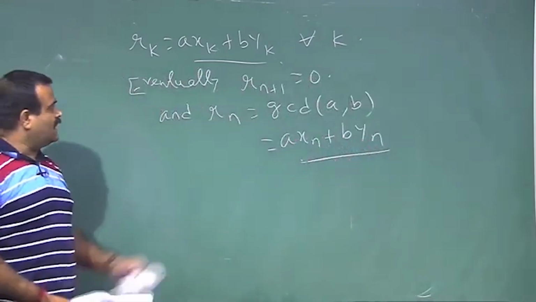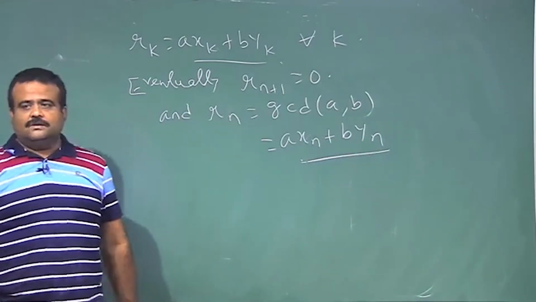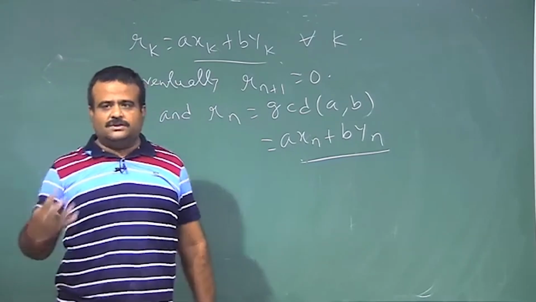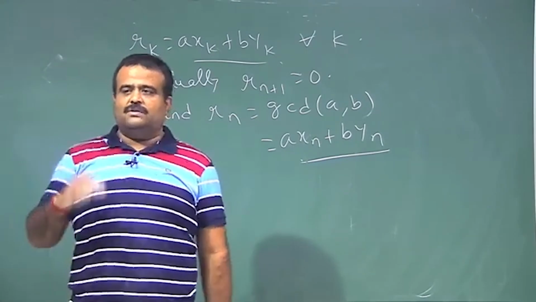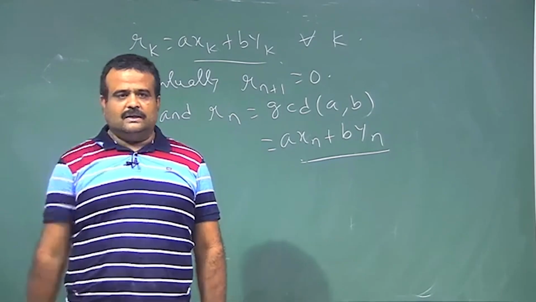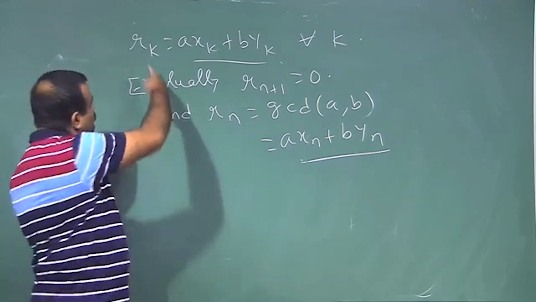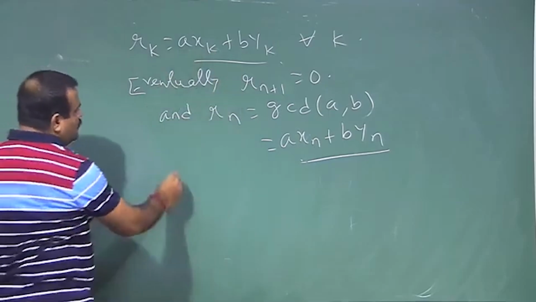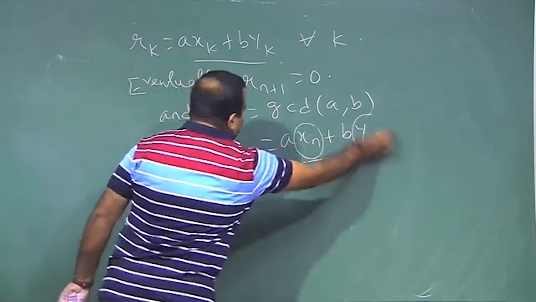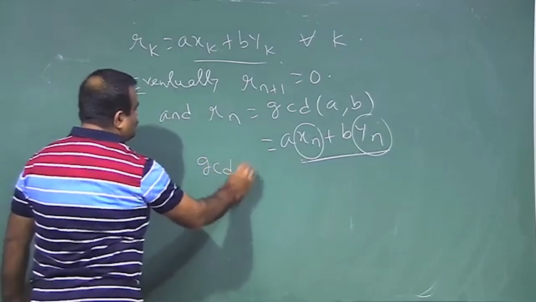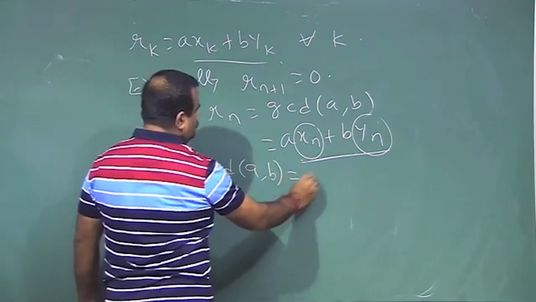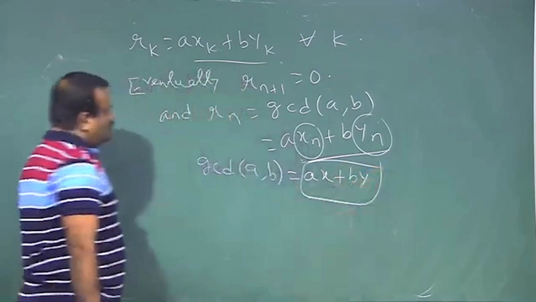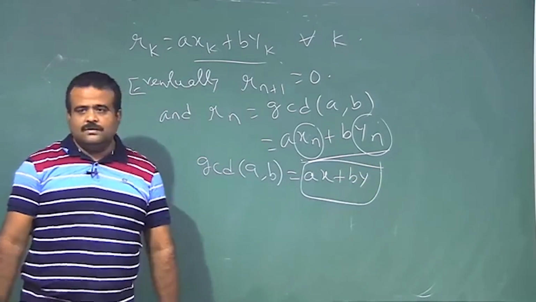These r i's come from running the Euclid algorithm. It will stop when the remainder is 0, and then the previous remainder gives us the GCD, and that remainder is always in this form. So, we maintain this x k and y k. Finally, the GCD can be written as a x plus b y, basically x n and y n.